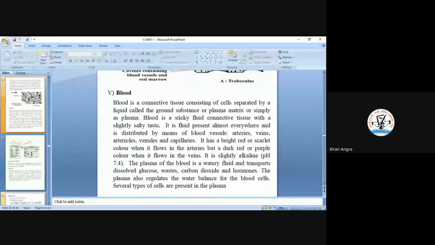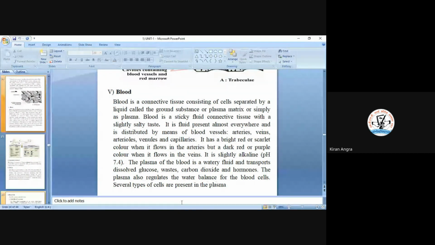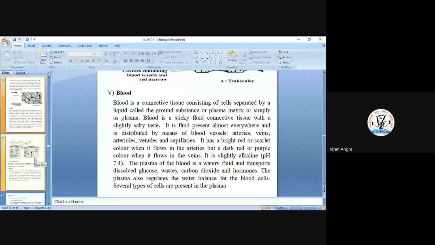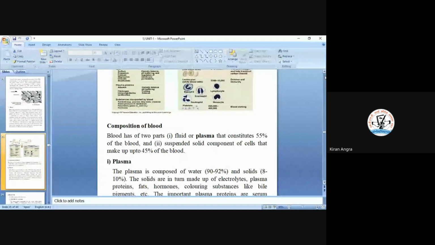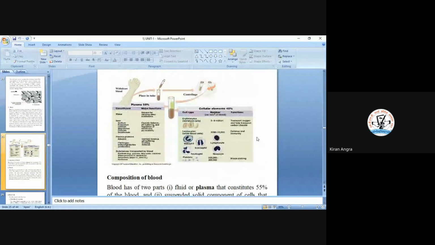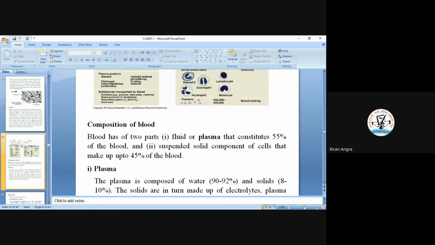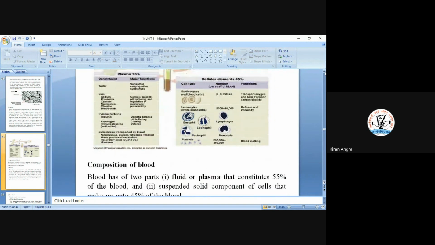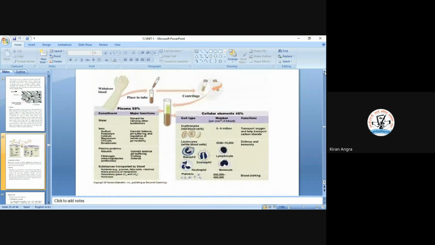Several types of cells are present in the plasma, which is the matrix part. Now you could understand the composition of the blood. One part, the fluid part, is the plasma, which constitutes 55% of the blood, and suspended inside it are the solid components, the cells, which make up 45% of the blood.